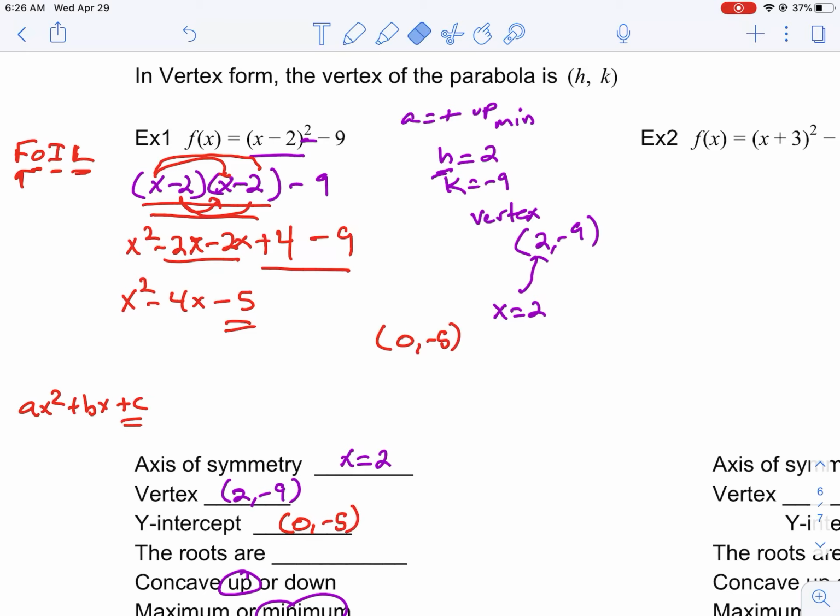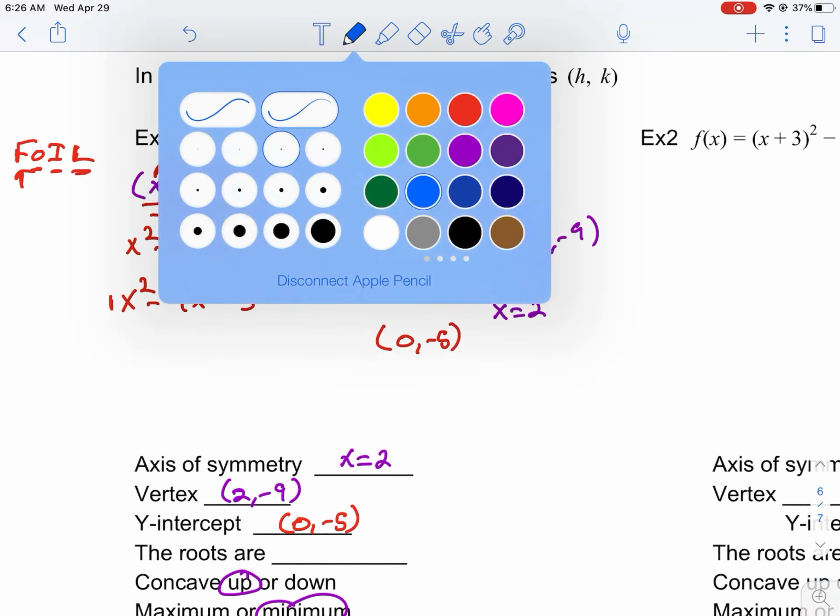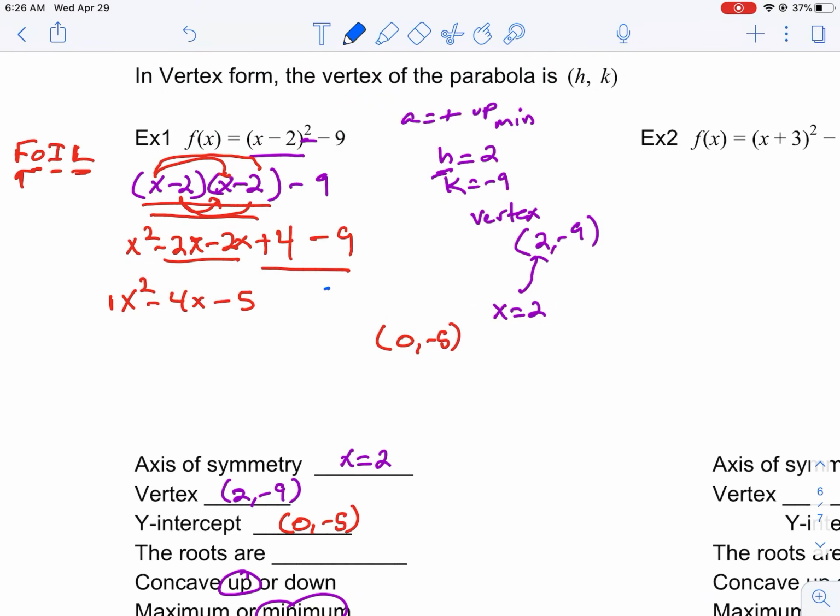And now all we have to do is factor this and find the roots, okay? So we have a 1 and a 5. So give me another color here. Let's do blue. 1 times 5 is 5. The factors are 1 and 5. The signs are different.